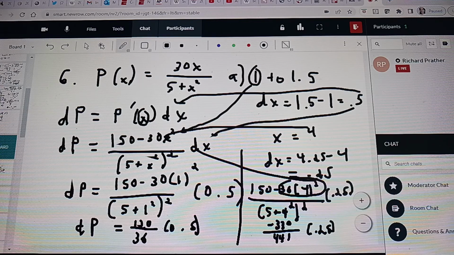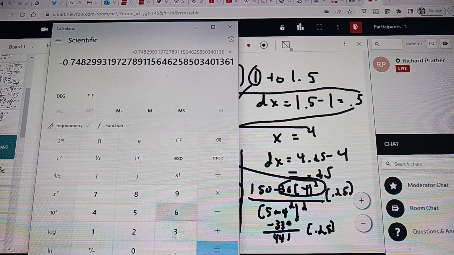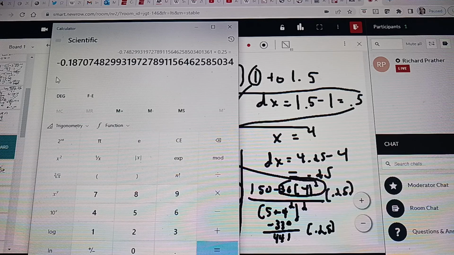Okay, so I was wondering why it's negative, but I guess the population doesn't have to just keep growing forever. At some point it must have slowed down and started decreasing for whatever reason. So negative 330 divided by 441 times 0.25, negative 0.187.